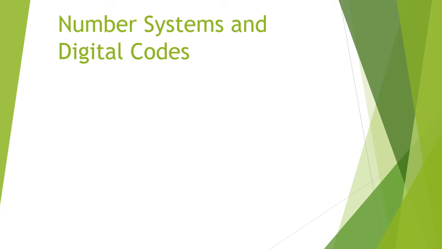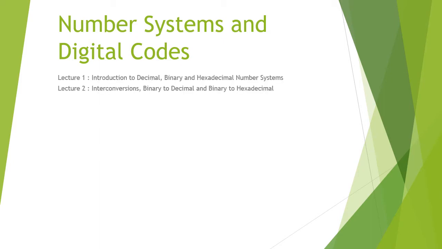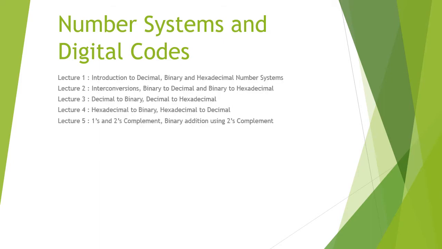So we were in our digital topic, number systems and digital codes, where we have studied all these lectures, and in the last lecture we studied ones and twos complement. Now we are going to discuss binary addition and subtraction using twos complement.